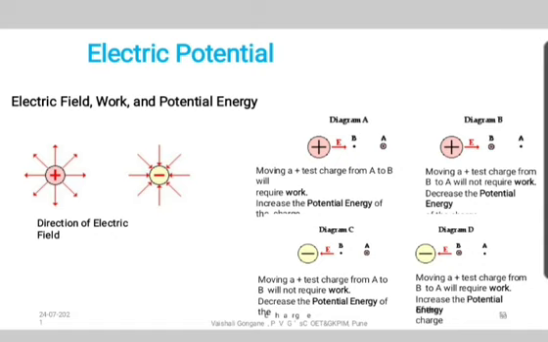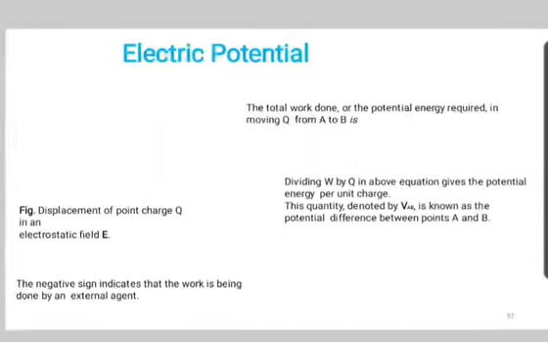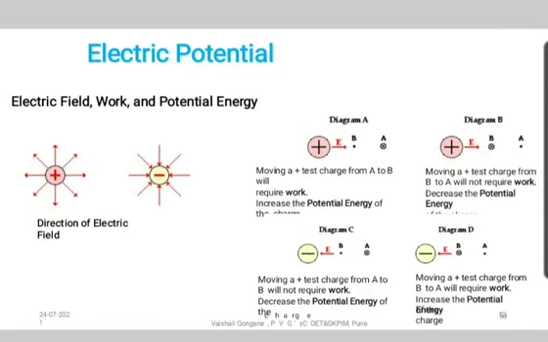So here the direction of the electric field is given. In the first diagram, moving a positive test charge from A to B will require work and increase the potential energy of the charge. Then in the second diagram, moving a positive test charge from B to A will not require work and it decreases the potential energy.